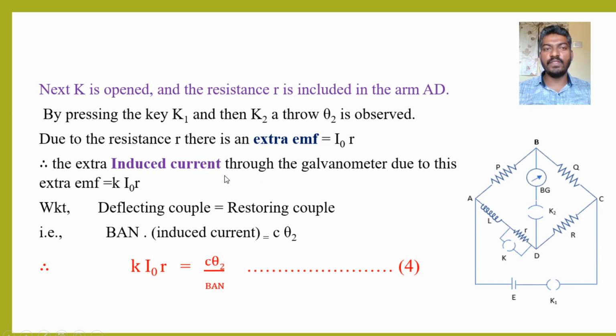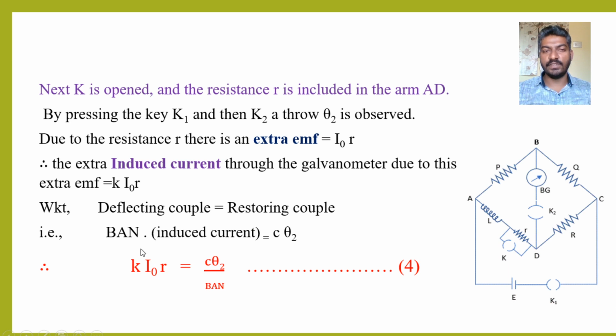As we know, induced current is proportional to this induced EMF. Therefore, the extra induced current through the galvanometer due to this extra EMF can be written as K I0 into small r. We know that deflecting couple is equal to restoring couple.